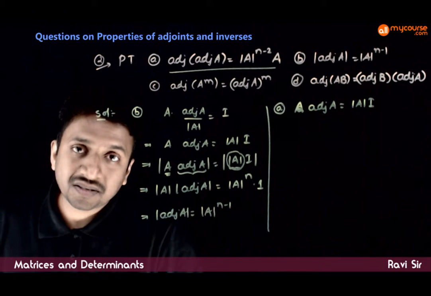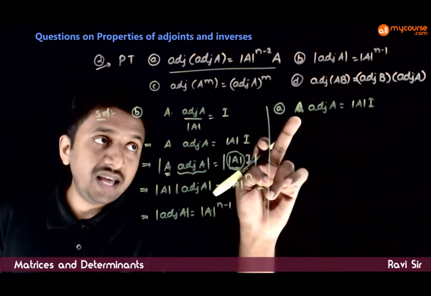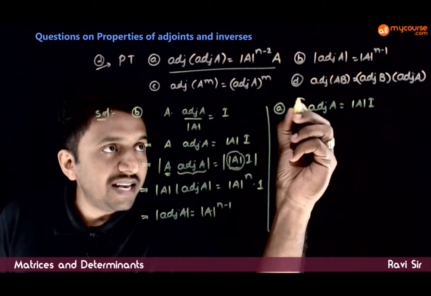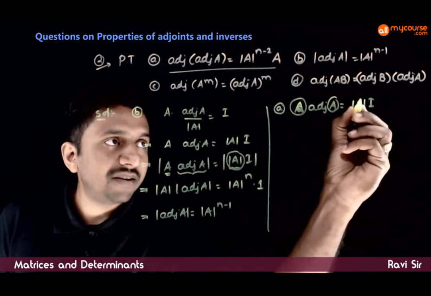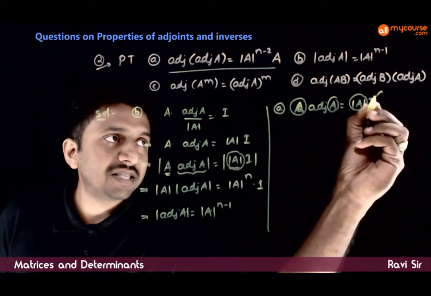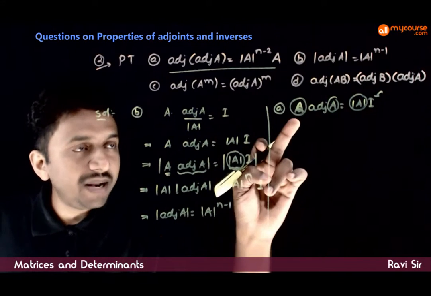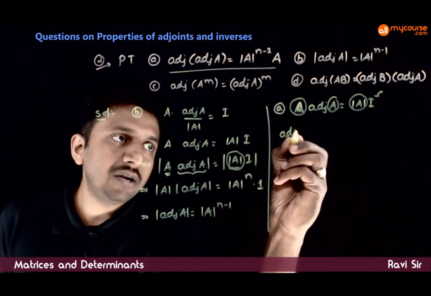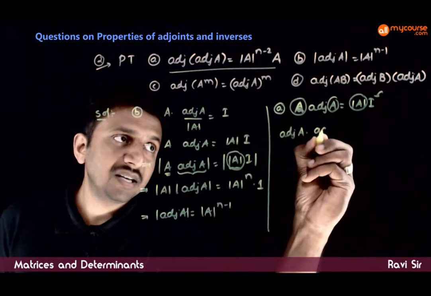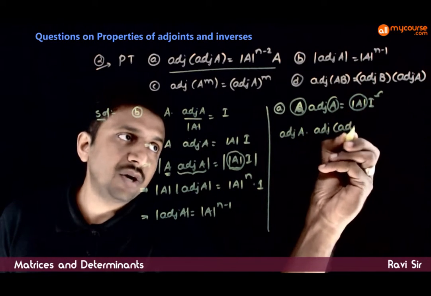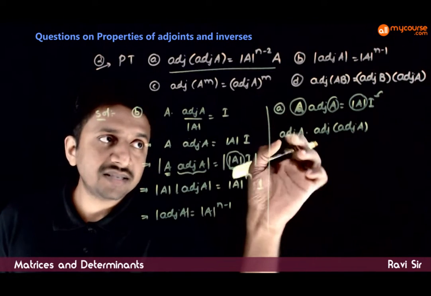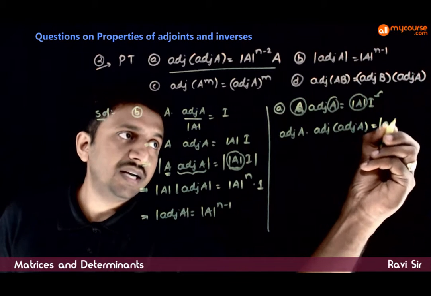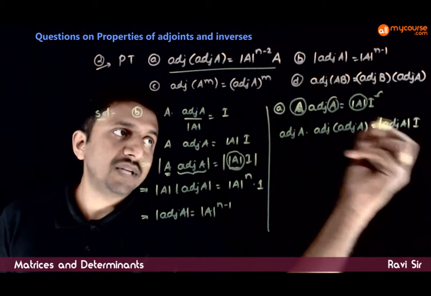Now I'll replace A with adjoint of A. Any matrix times the adjoint of the matrix is equal to det of that matrix times I. So replace A by adjoint A: adjoint of A times adjoint of adjoint A is equal to det of adjoint A times I.